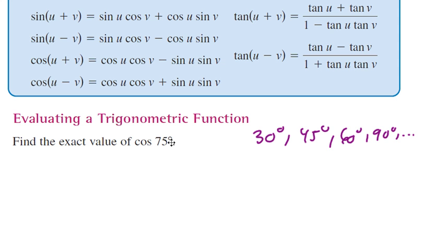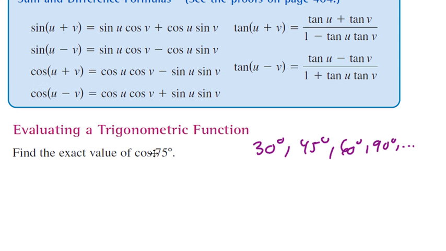But if we use one of our formulas up here, and since we're doing cosine, we're going to use either the cosine sum or the cosine difference. The goal is to rewrite the cosine of 75 degrees as either a sum or a difference of two numbers that are on our unit circle.